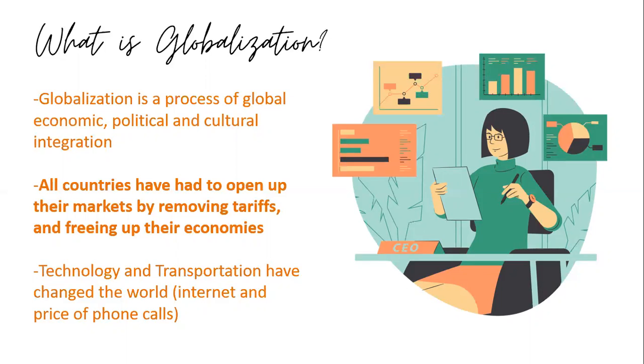And so all of this started in the year 2000. What happened is the United Nations called all the countries together and said, look, let's sign this agreement called the World Trade Agreement.